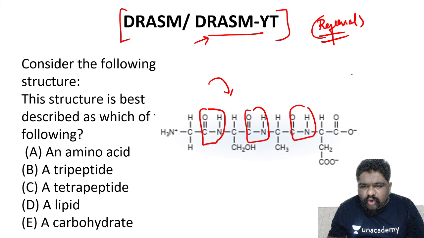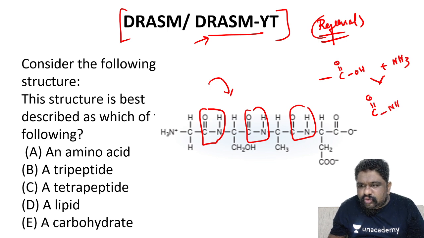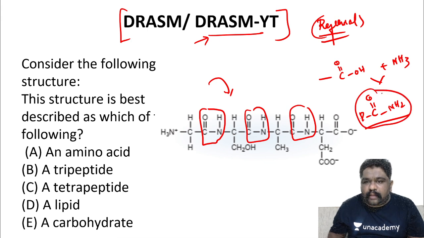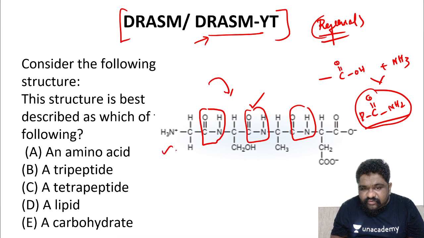When you see CONH, mark my words, for example, if your compound has COOH plus NH3 coming together, this will create a CONH2 bond. This can be called an amide. But when you have only CONH, especially in case of an amino acid structure here, you can look at it as a peptide bond. So mark my words, this is an example of a peptide bond.